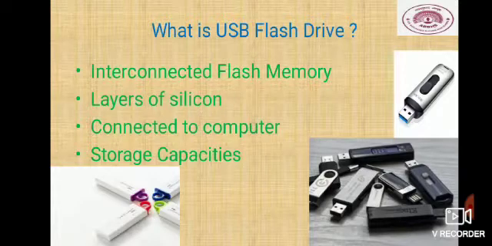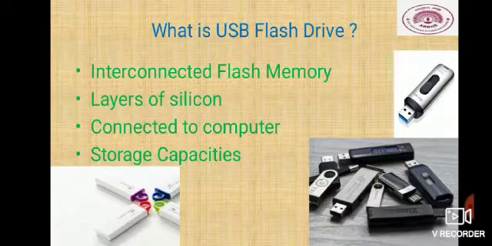So what is USB flash drive? Currently, the most commonly used type of storage device is the USB flash drive. A USB flash drive works on microprocessor technology, enabling it to have a very high storage capacity.